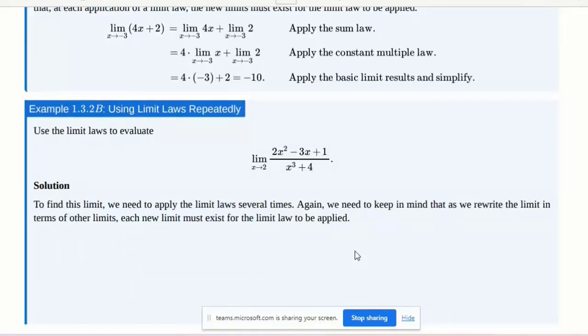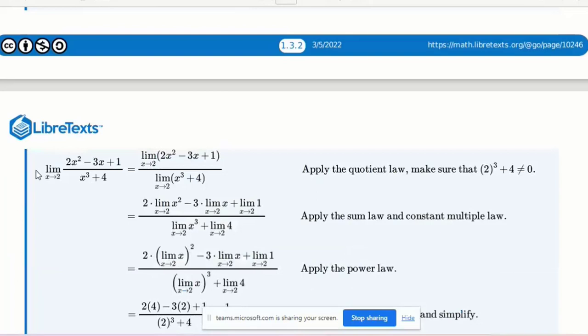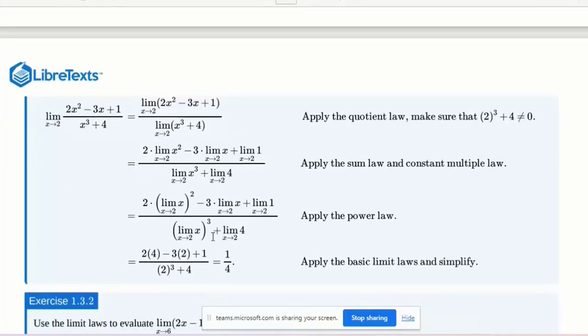This is part of your syllabus, even within your study guide. How is this dealt with? This is the limit of the numerator divided by the limit of the denominator. Now applying rule number 1, this is how our numerator will look. Applying rule number 1, this is how our denominator will look. Then simplifying, we'll end up having this.